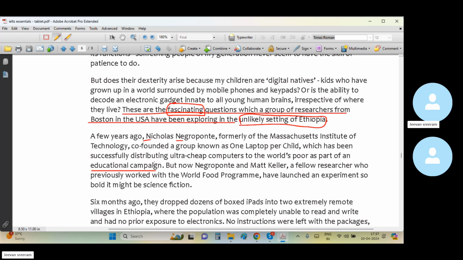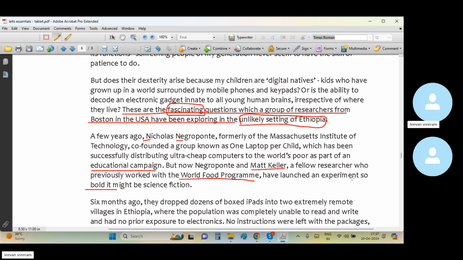Okay, he is the one. He distributed ultra cheap computers to all the poor kids as part of an educational campaign. But now, the same person, along with Matt Keller, a fellow researcher who previously worked with the World Food Program, have launched an experiment so bold.